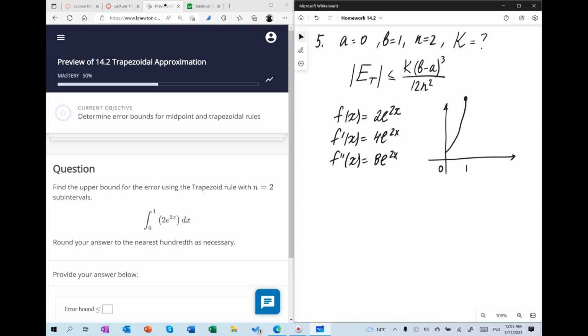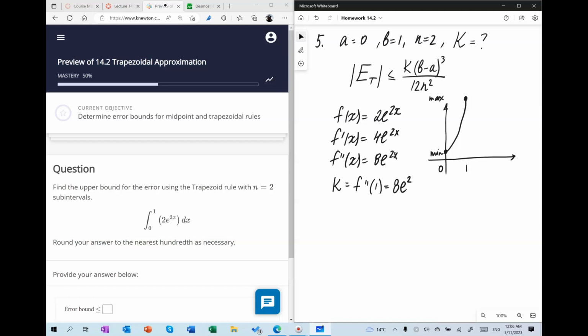So that means it will be reaching its minimum at 0 and maximum at 1. So if I want to find k as the upper bound of the second derivative, I can just set it equal to the second derivative evaluated at 1. So it's going to be 8e squared, which is not a small number, but it doesn't matter.